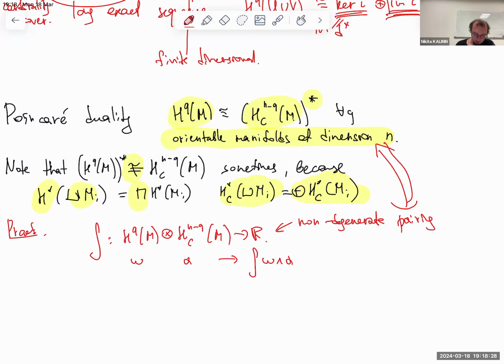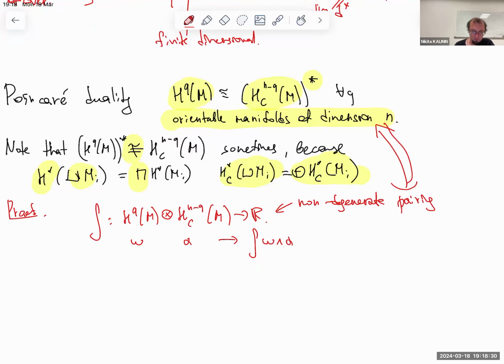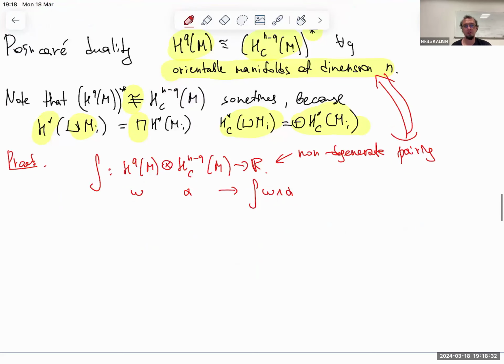To prove it, we need the following. There is the so-called five lemma. It's an exercise.